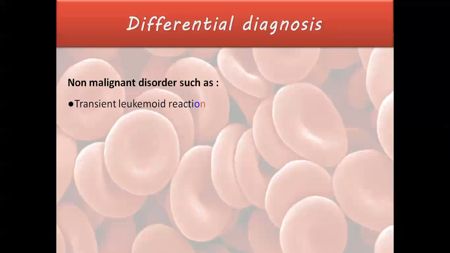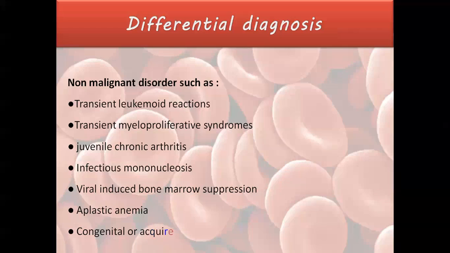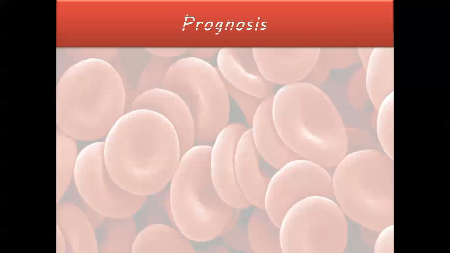Non-malignant disorders that must be differentiated from AML are transient leukemoid reaction, juvenile chronic arthritis, infectious mononucleosis, viral-induced bone marrow suppression, aplastic anemia. The last ones are congenital or acquired neutropenia and autoimmune cytopenia.